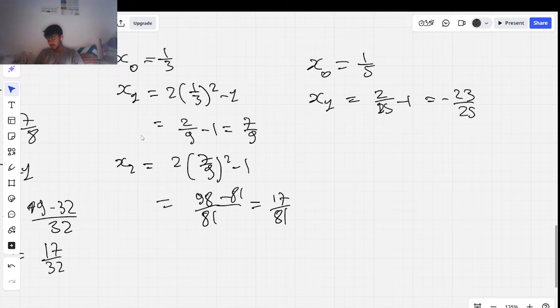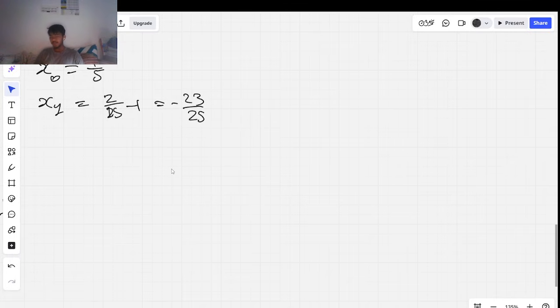Okay, let me try a whole number because x naught can be a whole number. Although I think the question's phrasing, specifically that it can be a rational number, might be a big hint. Yeah, because 2 times 1 minus 1 is always going to be 1. Okay, so this is very similar to what happened with the half.